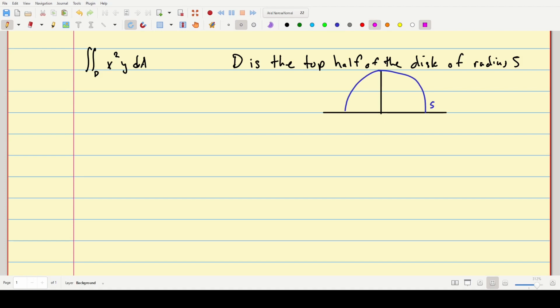The way that this is going to work is that we are going to integrate like this. We're going to start at the origin, go out here to R, and then sweep through like this. That's how I want you to imagine things working out.